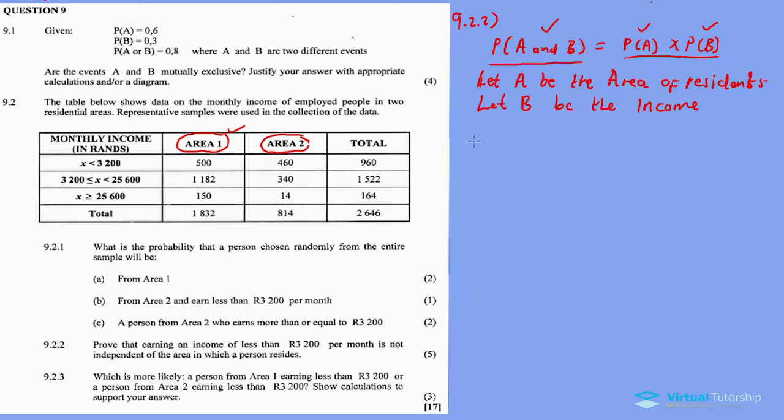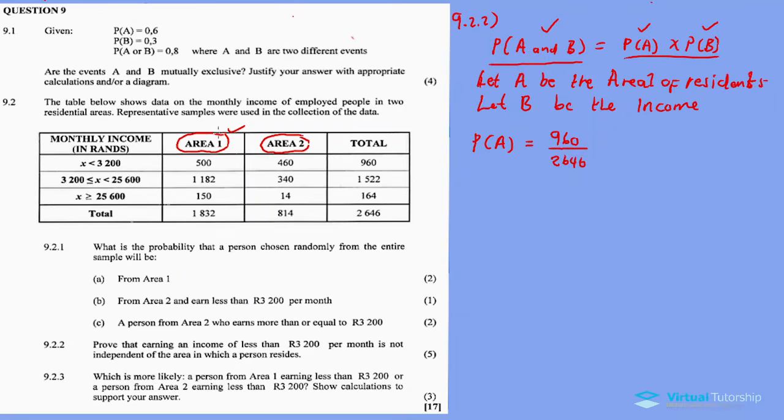So the probability of A, let A be the area 1 of residence, is going to be equal to 960, which is 960 divided by 2646.